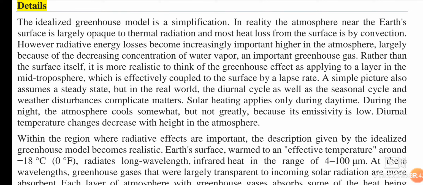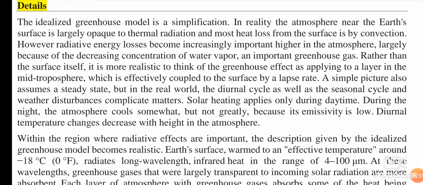Rather than the surface itself, it is more realistic to think of the greenhouse effect as applying to a layer in the mid-troposphere, which is effectively coupled to the surface by a lapse rate.